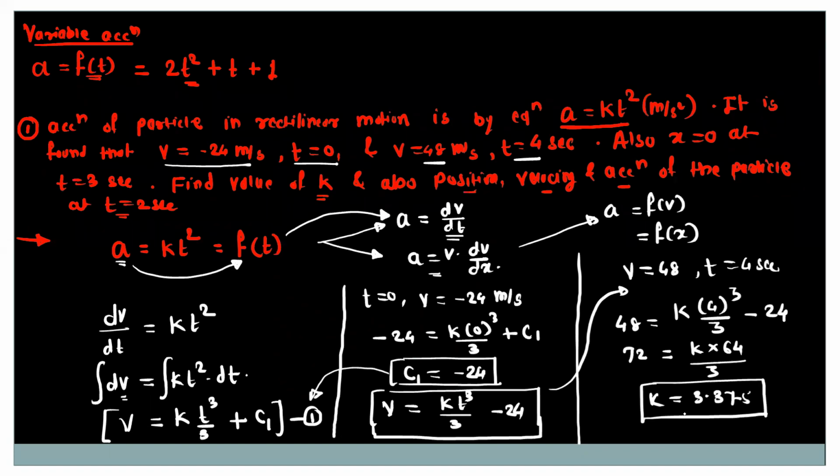Okay. So in this way, we can find out the constant k in the equation of acceleration. Now put this constant k again in this equation. So we will get the equation for velocity, which is just a function of time without any unknown value.